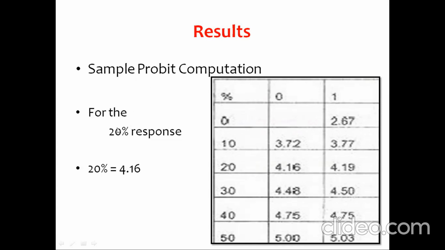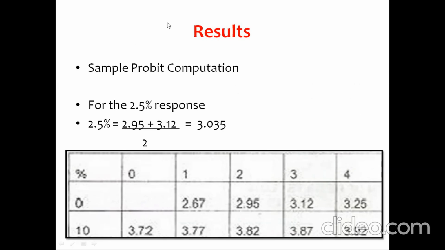See, suppose that a 20% response will be there. So if it is 20%, what is the probit? That is 4.16, like this. Suppose that the response is 2.5%. In the table there is no 2.5%, so what can we do?